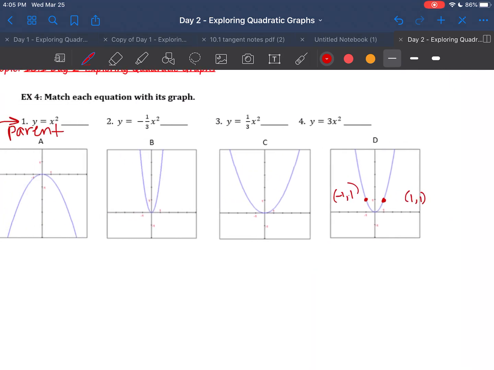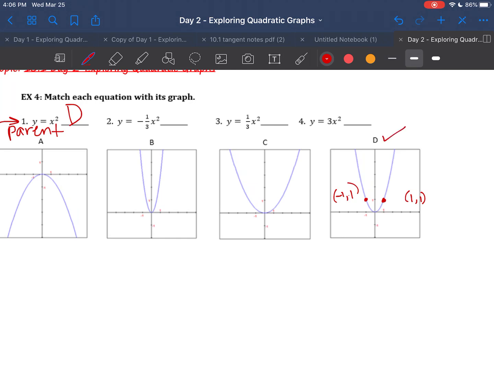And if we compare that to our parent function, if you have the x value being 1 and you plug it in here and you square it, you get 1 again. If you have the x value of -1 and you plug it in here and you square it, you get +1. So letter D is going to be our parent function.